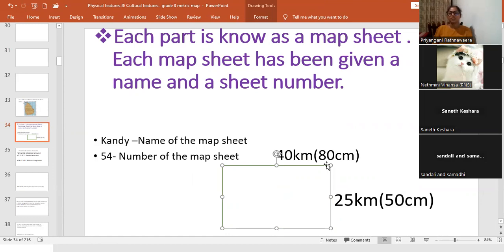You must remember, sometimes this fact may be a question in your Part 1 paper. Okay. Then what is the actual length of this map sheet? Actual length on land 40 kilometers. You always divide this centimeter length of 80 by 2.